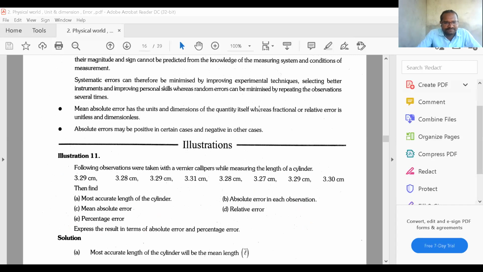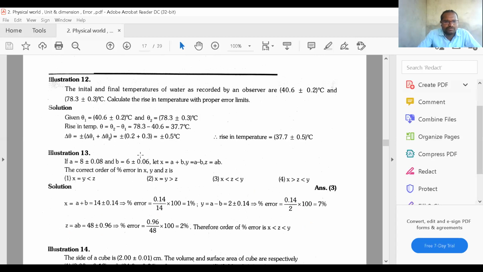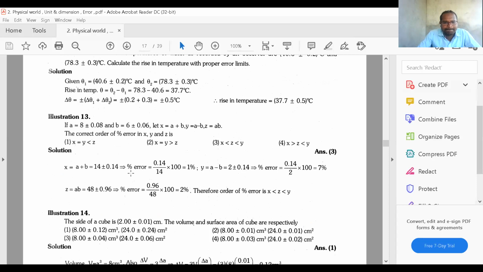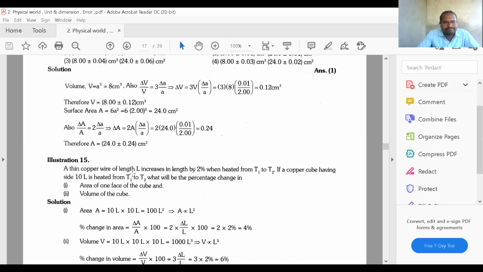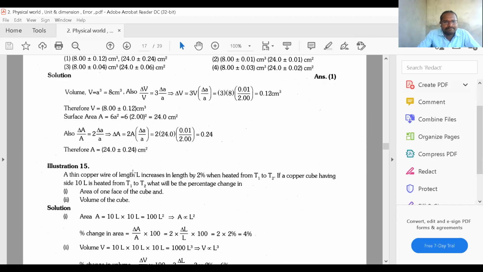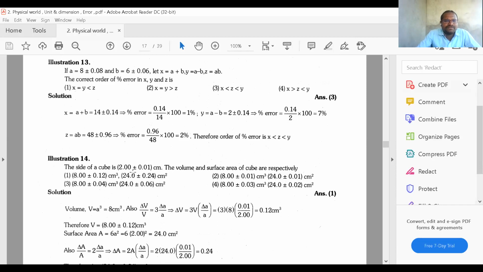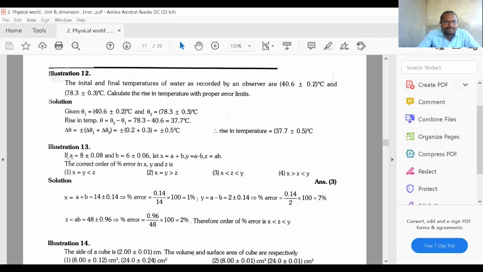One example we will solve, then we will go to the exercise. The first one we will take now, this illustration, example 13.